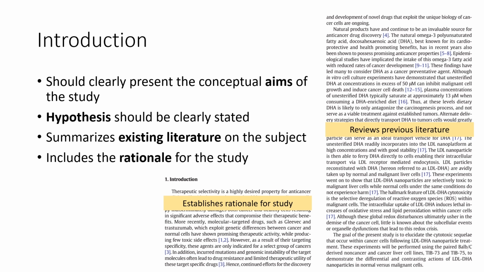And then the last paragraph provides the aims of the study, so what they're hoping to accomplish. It says the goal of the present study is to elucidate the cytotoxic sequelae that occur within cancer cells following LDL DHA nanoparticle treatment. And then it gives a brief overview of how they're going to be doing that. So this is what you would expect to see from a journal article, but it's honestly pretty rare that they're going to state the hypothesis.